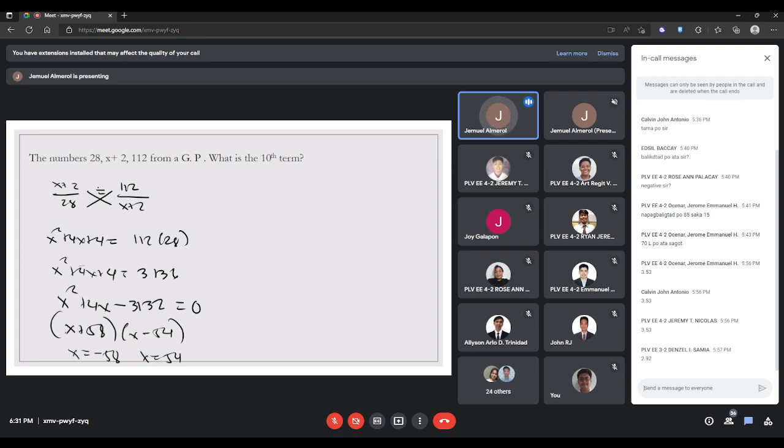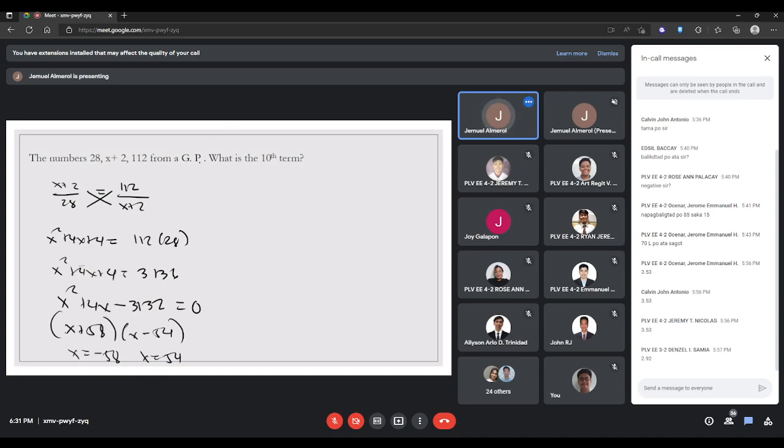So it will produce the same ratio. Pag negative ang ginamit nyo, magiging negative yung r. Pag positive, positive. So in short, yung sa dulo, gagawin na lang natin positive, negative na. Okay.